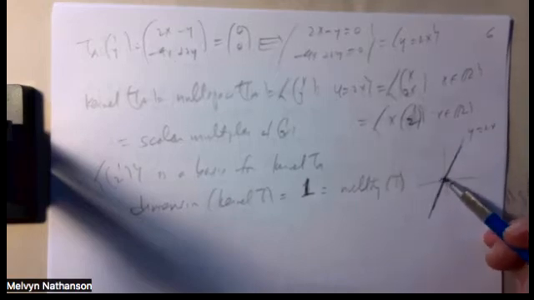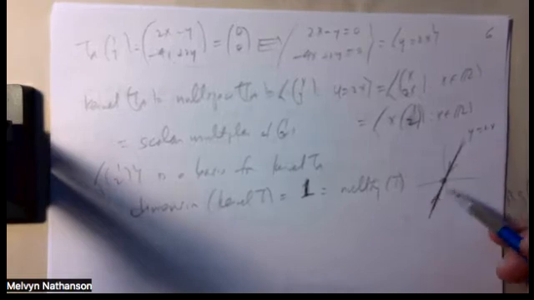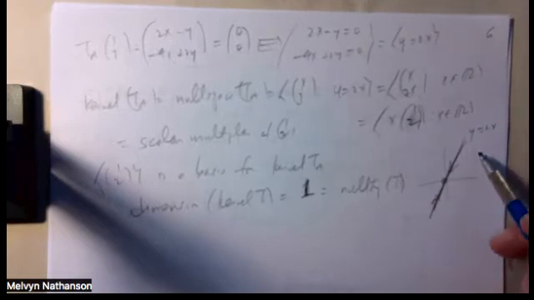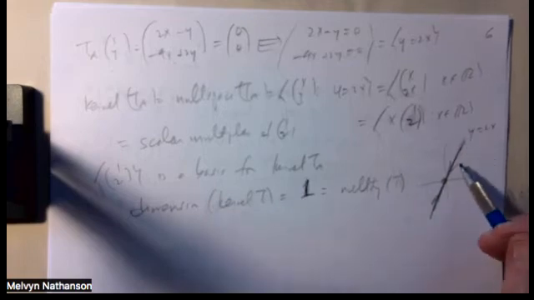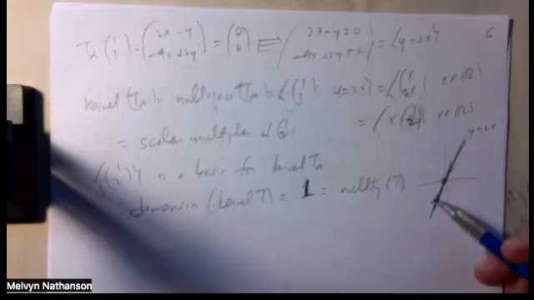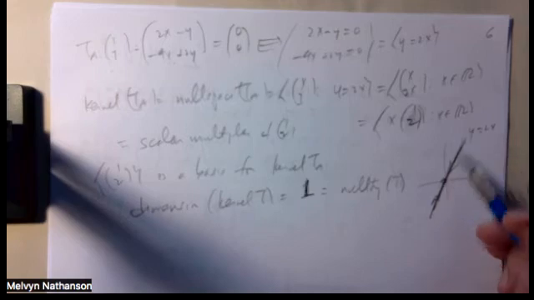And the vectors that get sent to 0 are all the vectors on the line y equals 2x. So the null space, or the kernel of this linear map, is this line, all the vectors on this line. And this is one dimensional, it's just a line. And (1, 2), for example, is a basis for this one-dimensional subspace. Okay, thank you.